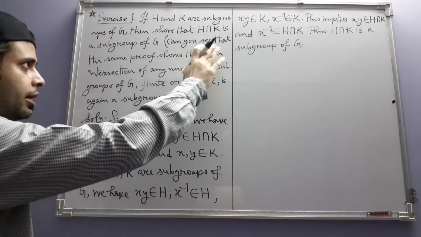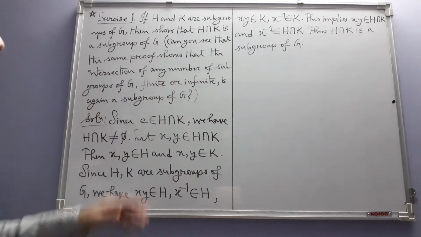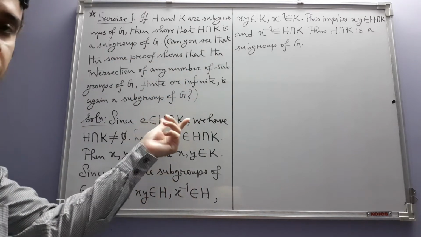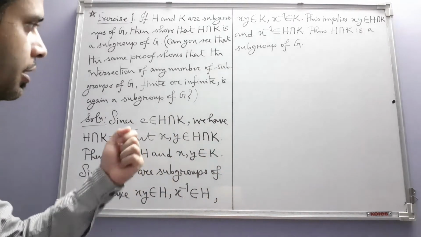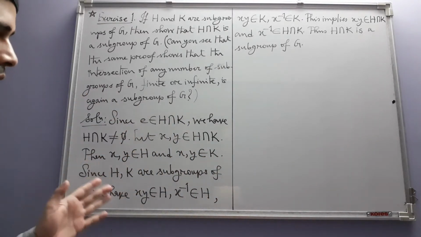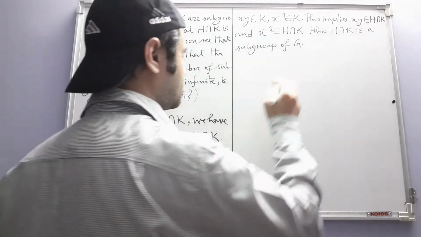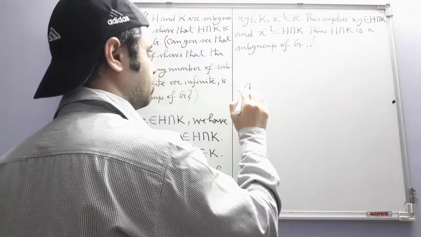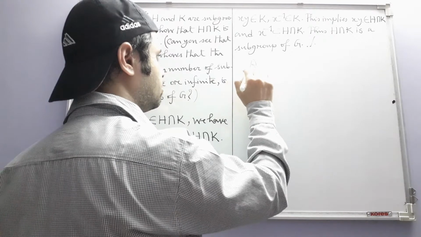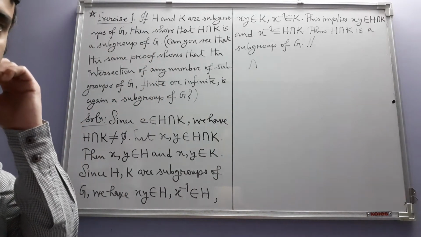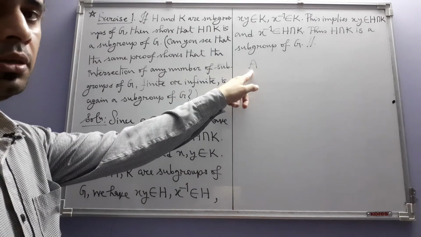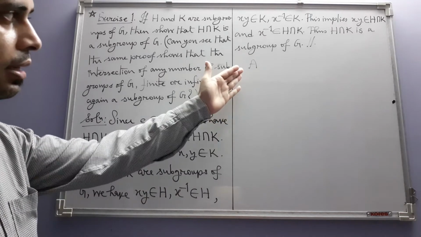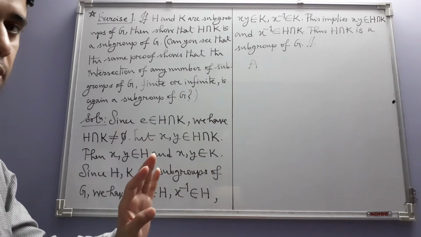The solution actually ends here. However, the author has asked us to ascertain whether the same proof shows that the intersection of not just two subgroups but any number of subgroups of G, finite or infinite, is also a subgroup of G. However, for the general one, what you do is consider a collection of subgroups of G, a non-empty collection whose elements are subgroups of G. This collection has at least one subgroup of G, and it's not necessarily the collection of all subgroups of G. That we are not taking.